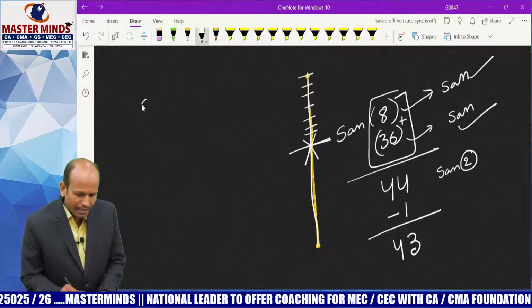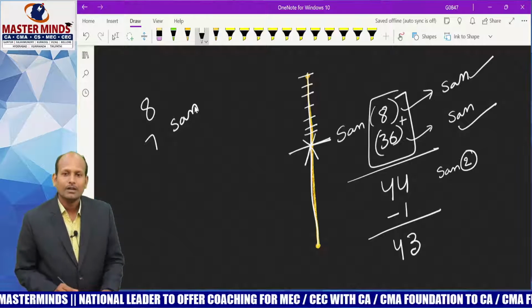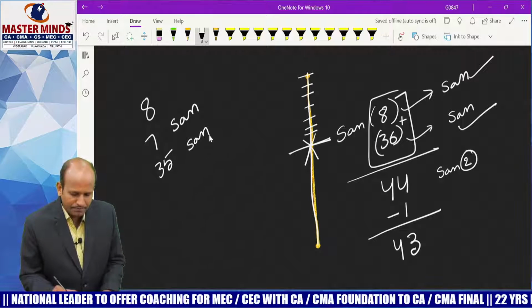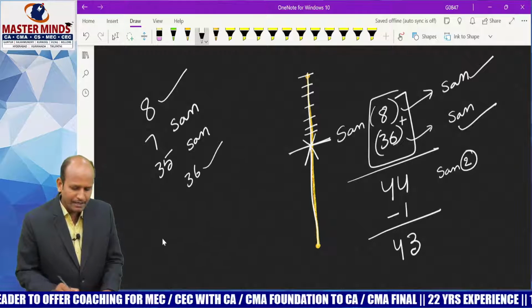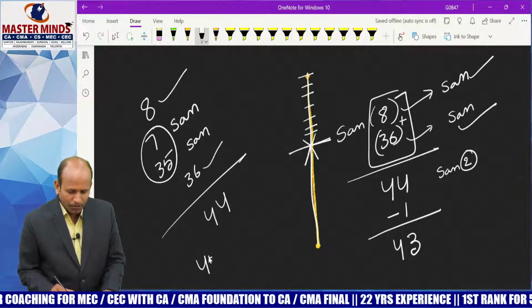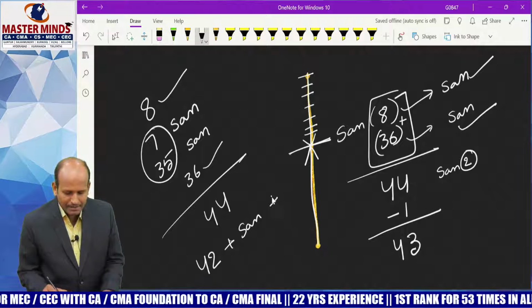Actually in 8 we have 7 members plus Sangeeta. In 36 we have 35 plus Sangeeta. So when you add 8 plus 36, 44, you have 7 plus 35, 42 other members plus Sangeeta.